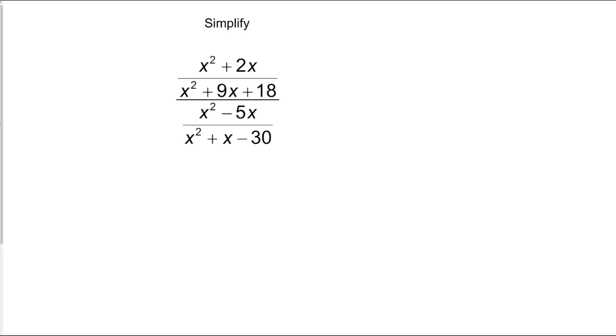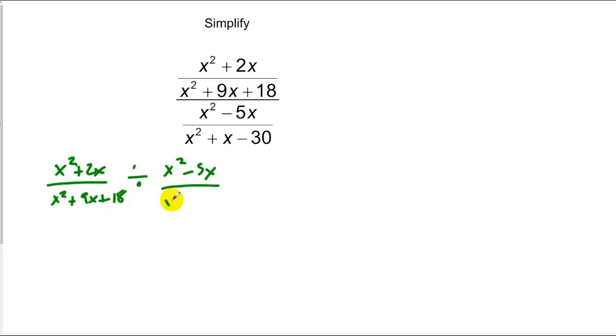Now in this case, we can take the same approach. We can say x squared plus 2x over x squared plus 9x plus 18 divided by, if you will, we'll write it out the long way first, x squared minus 5x over x squared plus x minus 30.